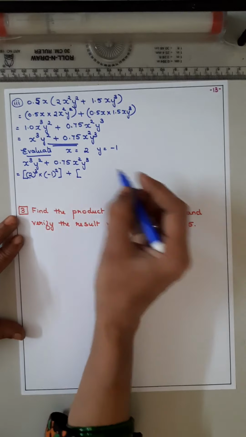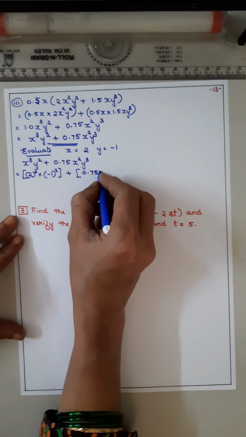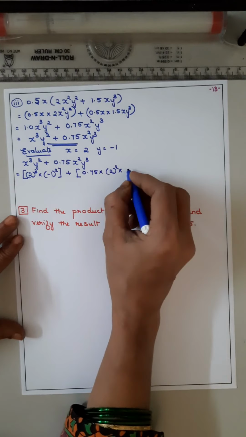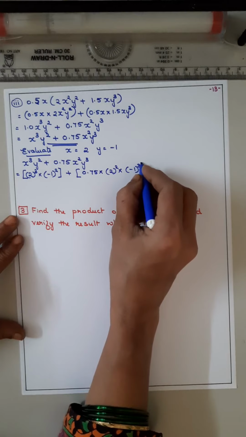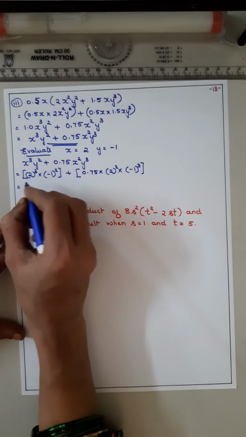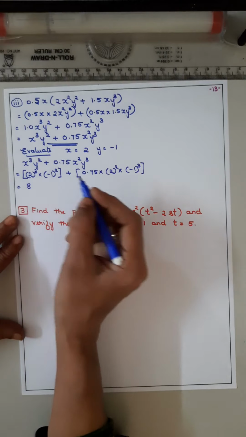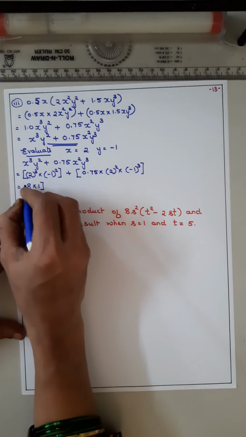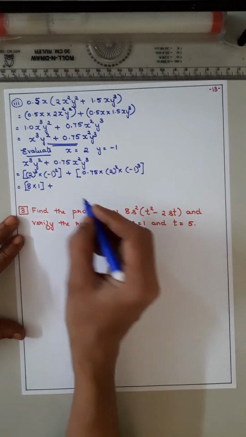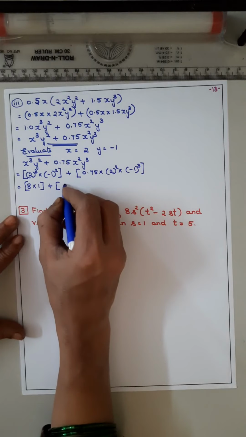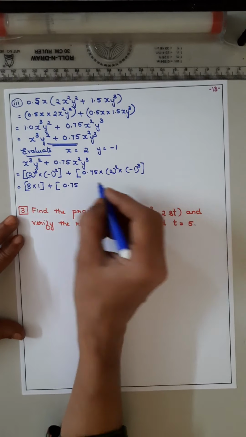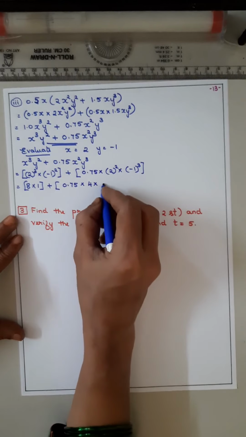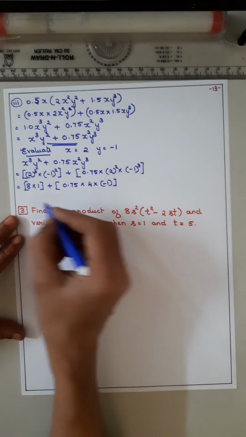plus square bracket open 0.75 into x squared is 2 squared and y cube, that is minus 1 the whole cube. Now 2 2s are 4, 4 2s are 8 into minus 1 square, that becomes plus 1 plus, now 0.75 write as it is, 2 2s are 4 and now minus 1 cube, it will be minus 1.